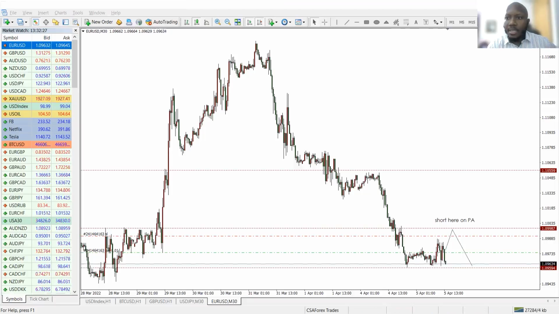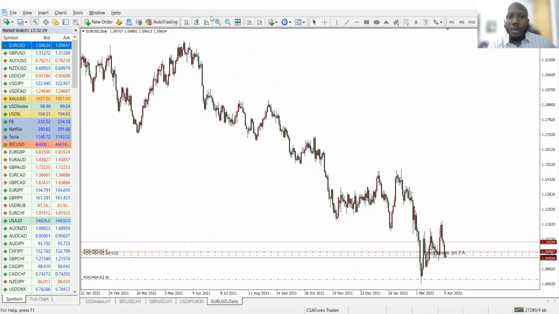If you look at the daily time frame, for a while now the trend has been to the downside, right? And of course, for this year, 2022, the trend has also been to the downside. So the best thing to do is to look for longs.